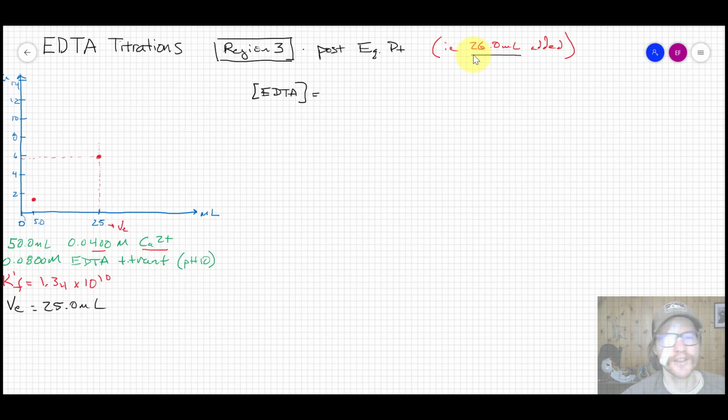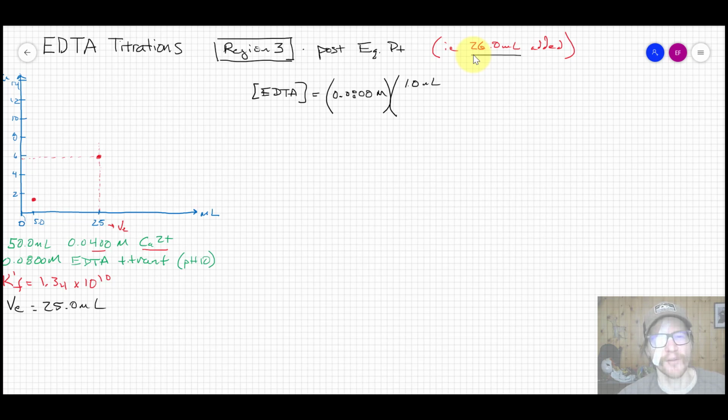We'll do this just like we would have done the calcium concentration, where we take our original concentration, 0.08 molar EDTA, and then multiply that by our excess volume of EDTA, which would be 26 minus 25, so that's 1 mL.